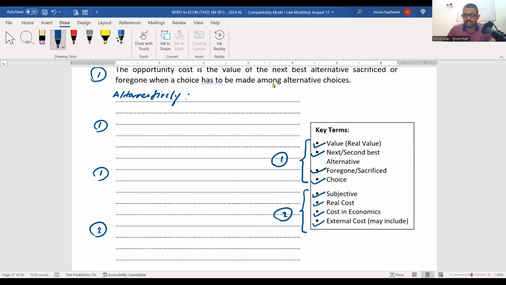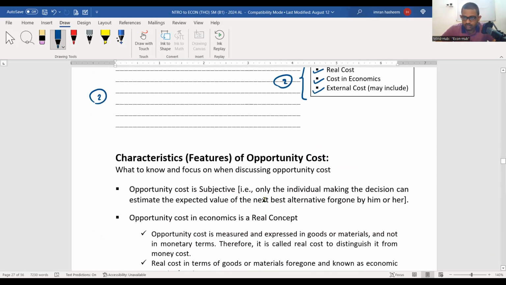Sacrificed when we make a certain choice. So we have covered all of the key terms in these two parts of our definition, right? So then we will also, as I said in the introduction for today's session, go into the characteristics properly, right? So let me just go to the slides now.